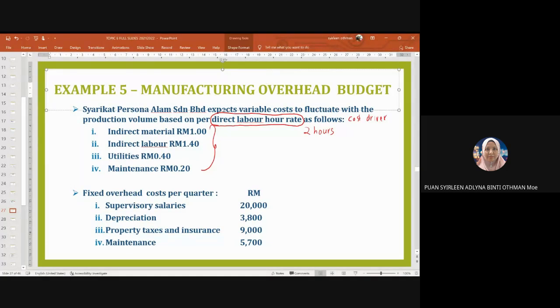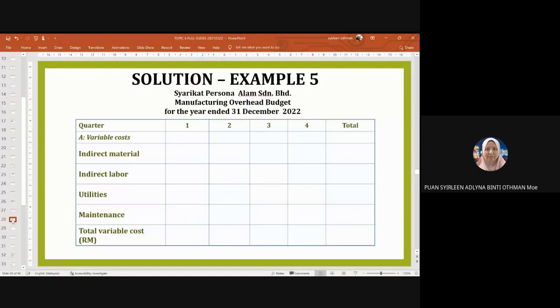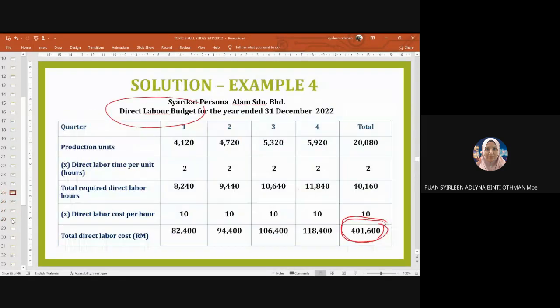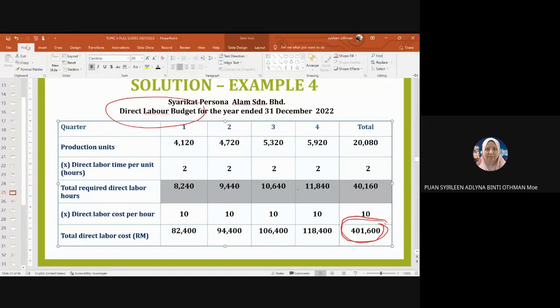Okay. So this is your manufacturing overhead budget for the year ended 31st December. So variable cost kita guna direct labor hour. Okay. So madam patah balik sekejap. Okay. This is your direct labor hour. Yang ni. Okay.